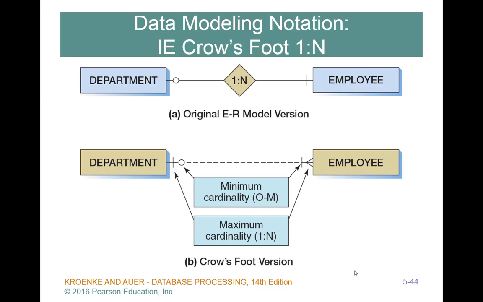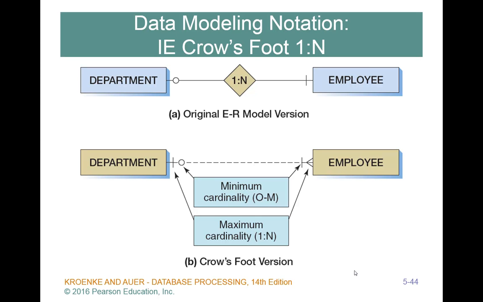So in this particular example, the cardinality between department and employee is one to many, and our minimum cardinality between department and employee would be optional to mandatory. In general terms, what this is saying is a department can have many employees, but if we have a department, we have to have at least one employee.